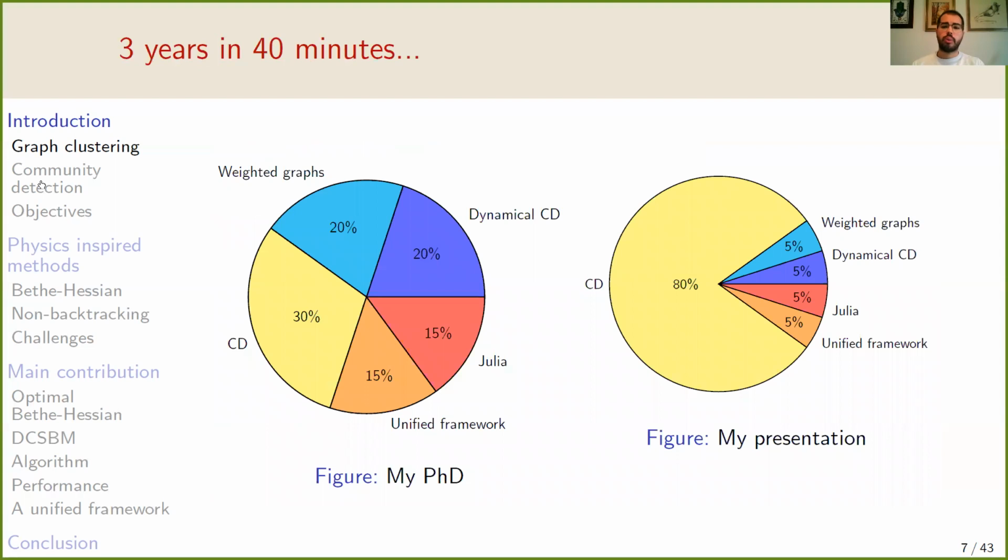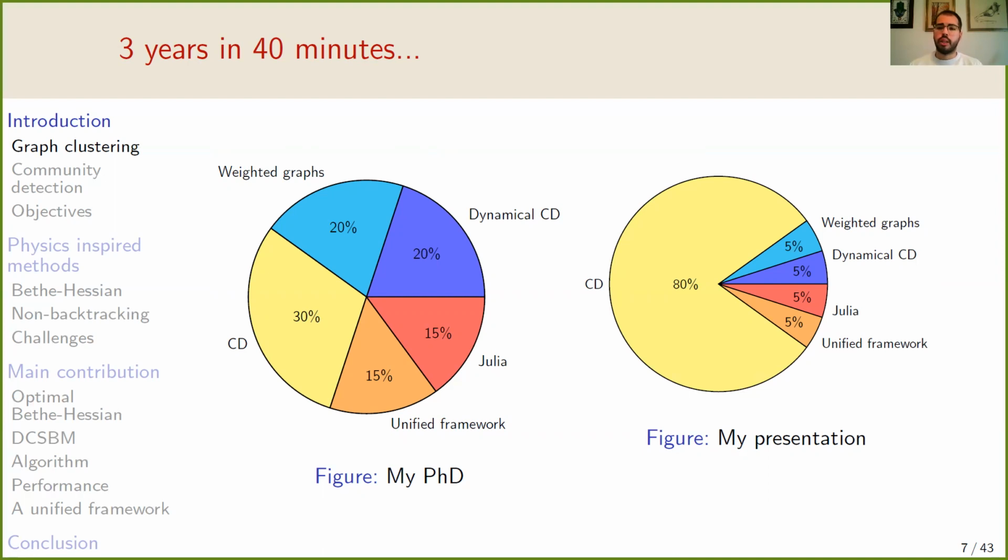Now, the presentation I propose today is mainly focused on a particular application of spectral clustering, which is community detection. But during my PhD, we touched also other topics more in depth. Namely, we gave a unified framework for several competing algorithms of spectral clustering, and we are able to understand them under a unique framework.